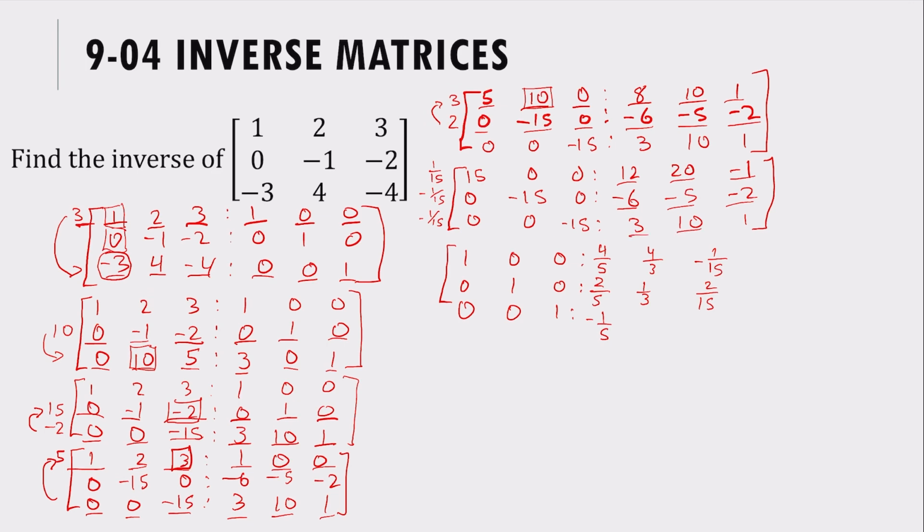Negative 1/15 times 10 is negative 2/3, and then negative 1/15.